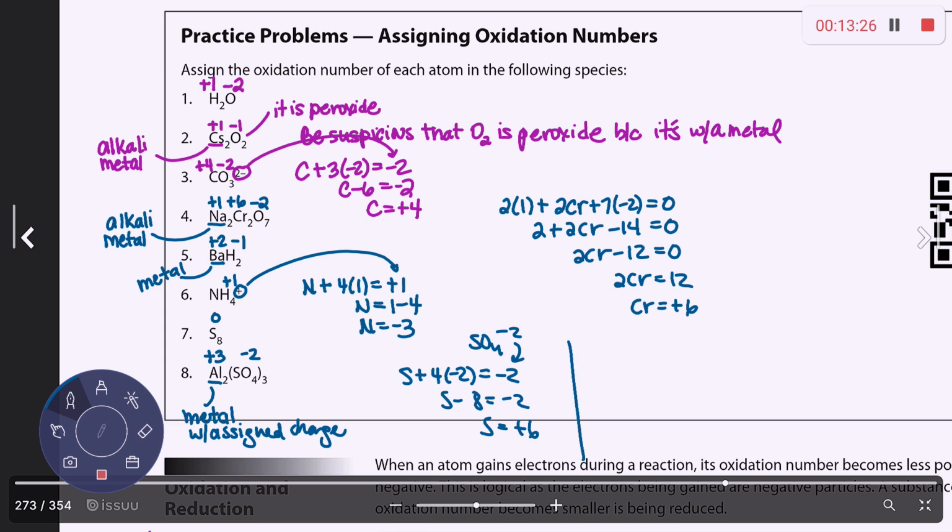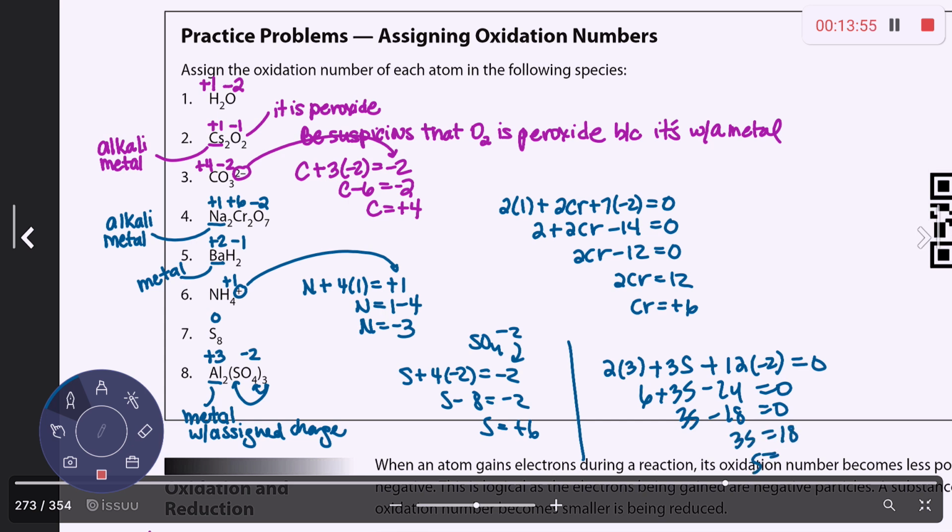So if you do that, you have 2 aluminums at a +3 plus 3 sulfurs, because you distributed this 3 to sulfur, and then distribute the 3 to the 4 on the oxygen. So you've got 12 oxygen at a -2. That all adds up to 0 because it's a neutral compound. And then from there, it's 6 plus 3s minus 24. So what's 6 minus 24? -18. Same thing. Does that make sense? So you can use either one.